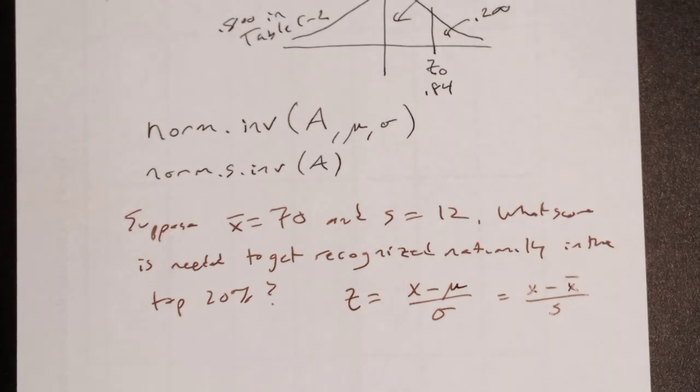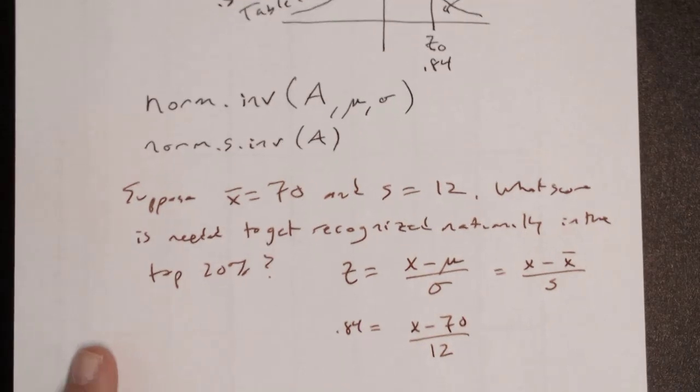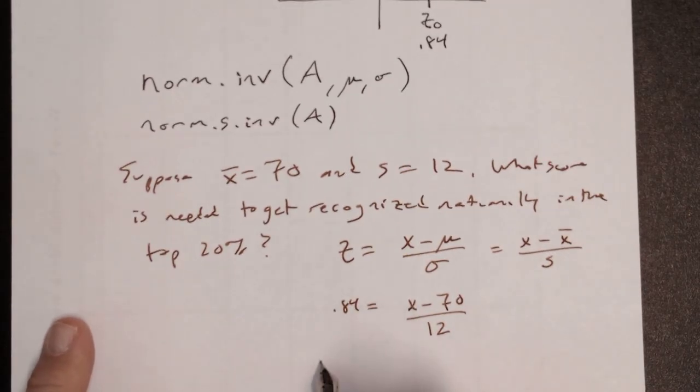Our z-score is the value minus the average over the standard deviation. So if I know this time the z-score is 0.84, then that's x minus 70 over 12. And then that's exactly what I do to solve for x, is I multiply across the 12.